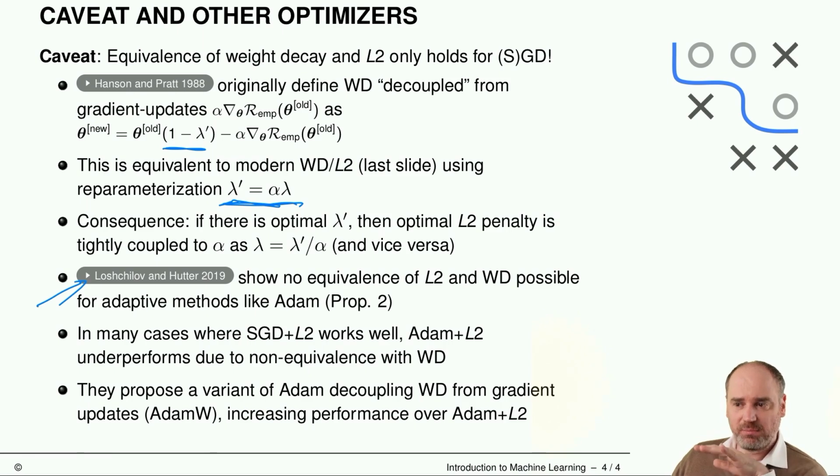So while in many cases SGD and L2 works quite well, if you do Adam and L2, which might be a more interesting combination, then this usually underperforms because of this non-equivalence to weight decay. They propose a variant of Adam which again decouples weight decay from gradient updates. This is called AdamW, and it increases performance over Adam with naive L2 regularization.